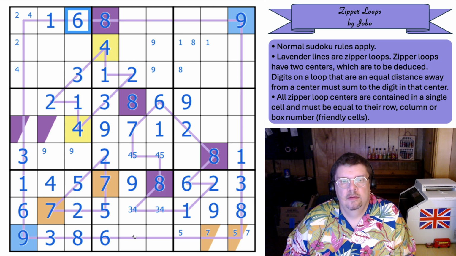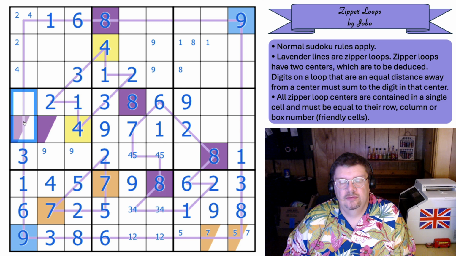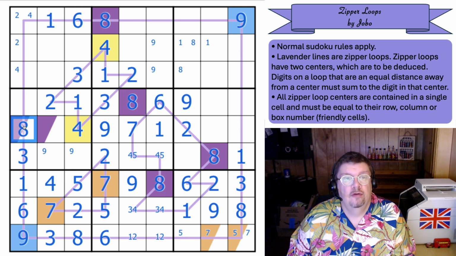Right. These two digits are 1 and 2. That makes these two digits 7 and 8, which I know the order of.